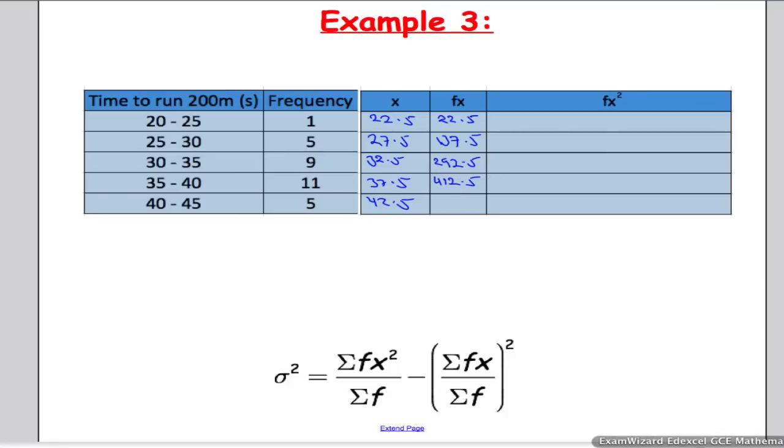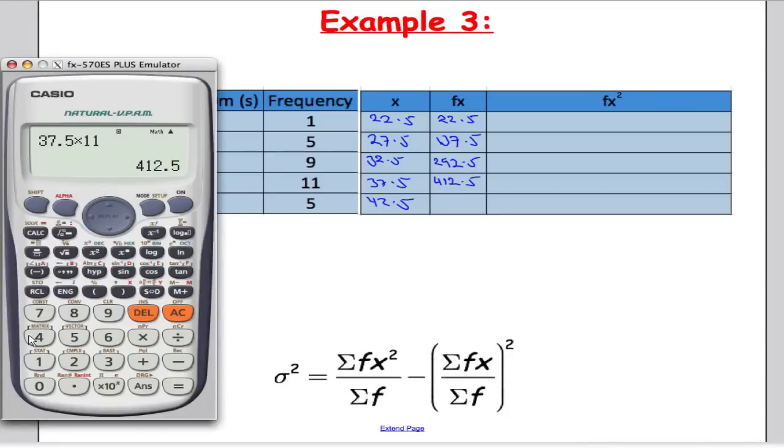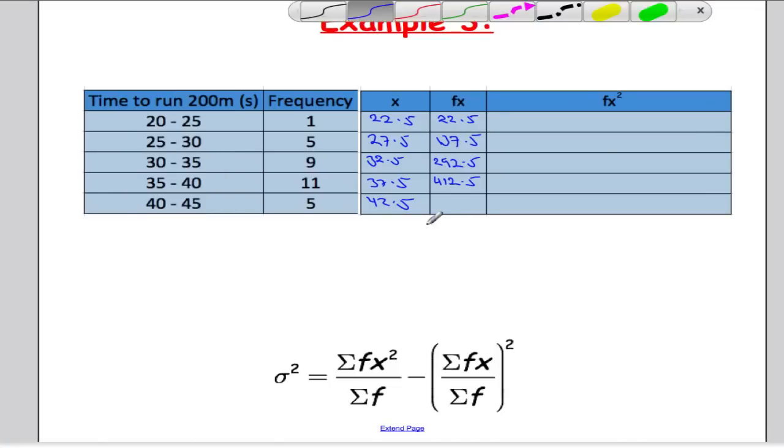And then finally 42.5 times 5 gives us 212.5.